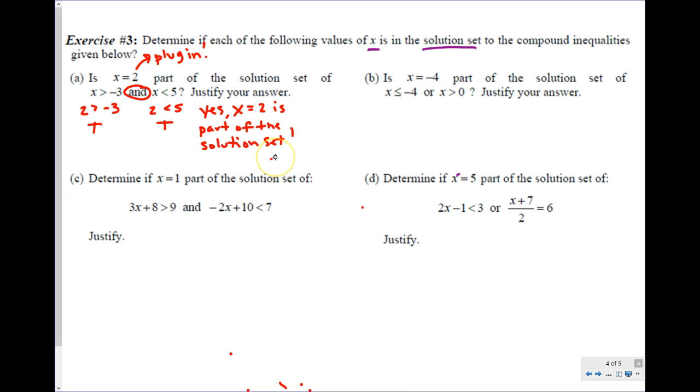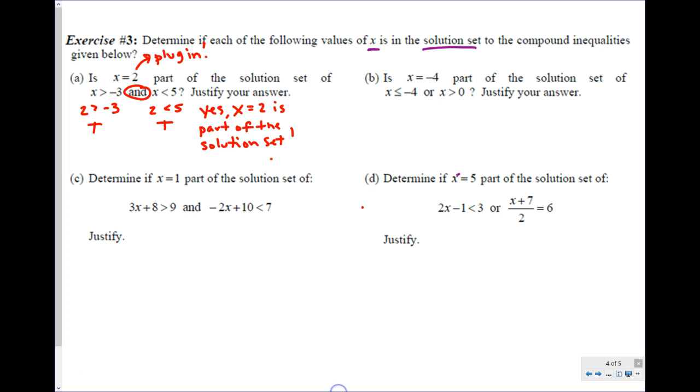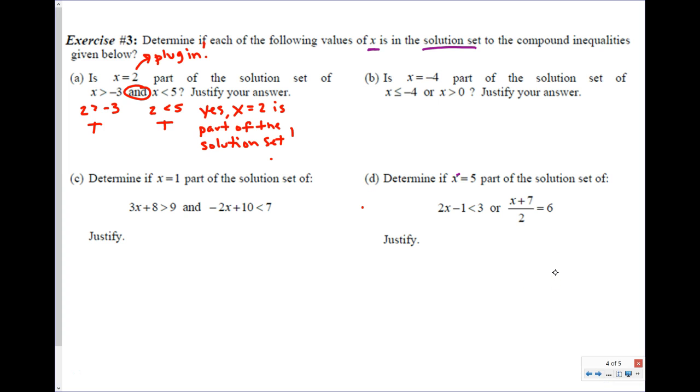Now, part B. Part B says, is x equals negative 4 part of the solution set? Because remember, we've talked about how inequalities have more than one solution. We just discovered that 2 is part of the solution set. Now it's asking, is x equals negative 4 part of the solution set? So we're just going to try plugging in negative 4 into our new inequality.